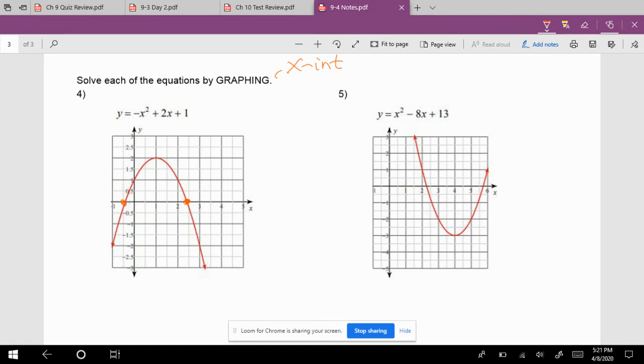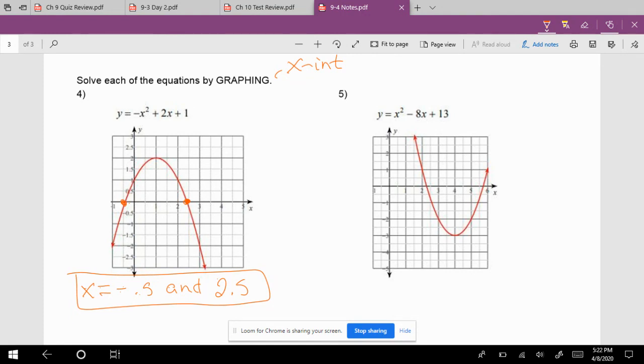So when you tell me what x equals, you're just telling me my x-intercepts. The solutions to this are x equals negative 0.5 and 2.5. And that's it. If I already have the graph, that's all I have to do to solve it by graphing. Super easy and super nice. It's even easier than the square root method.